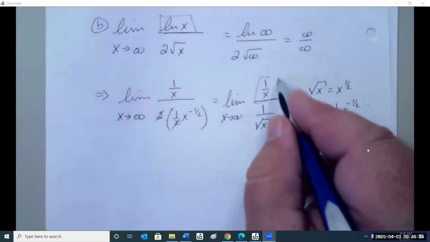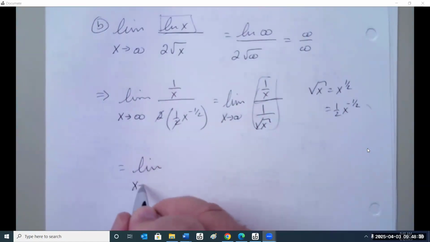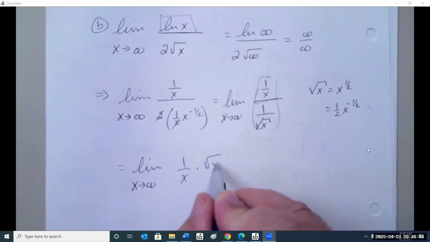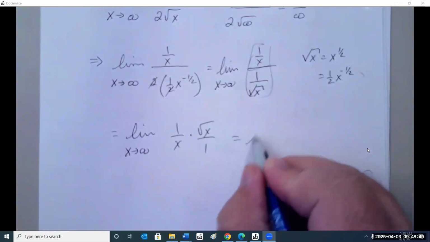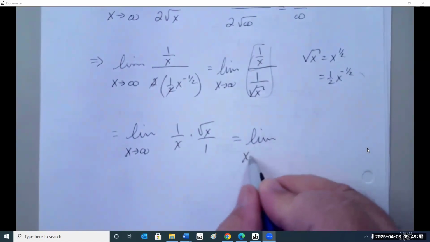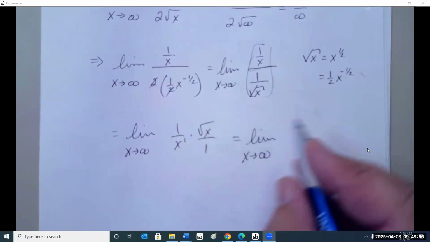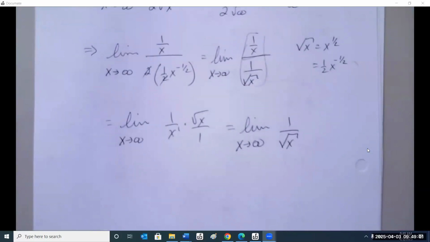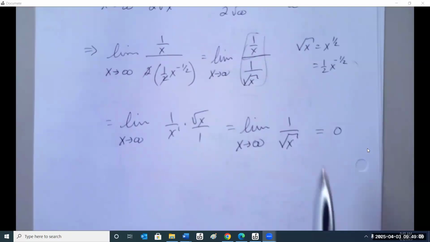We could look at both of these, which becomes the limit as x approaches infinity of 1 over x times the flip of the bottom. Since this is x to the power 1/2 and that's x to the power 1, we got 1 over square root of x. So this becomes 0 as x goes to infinity.